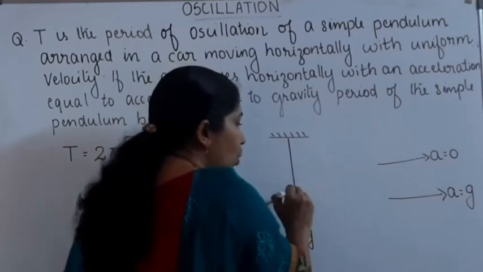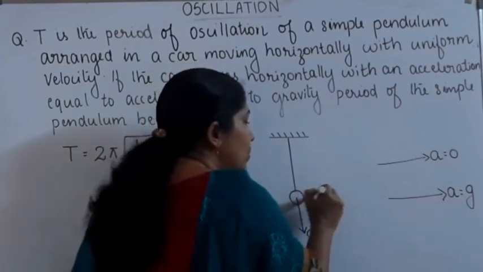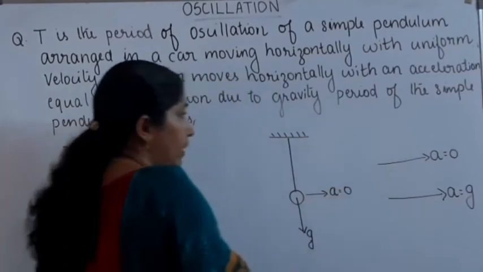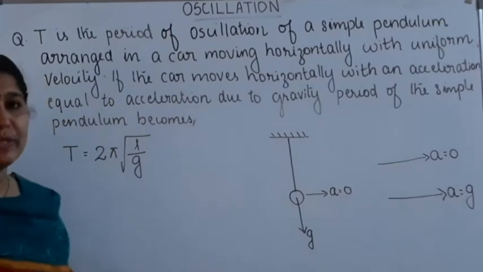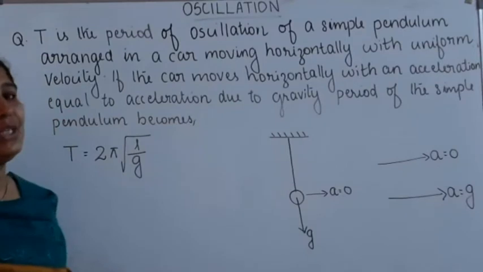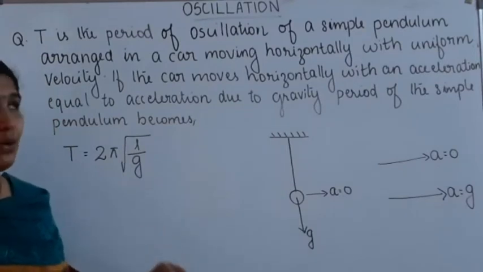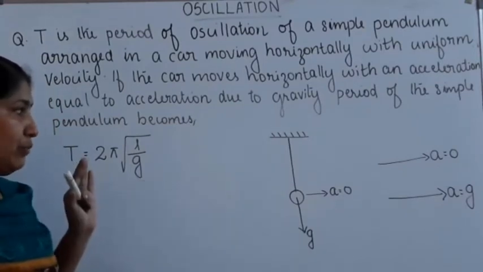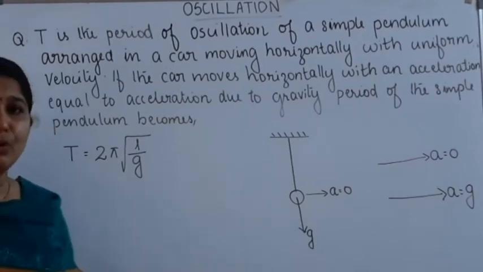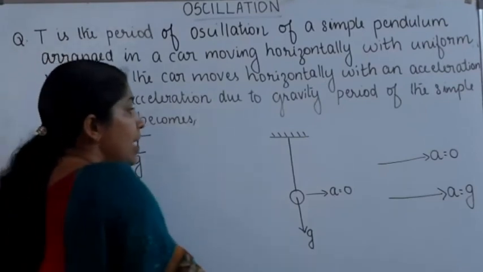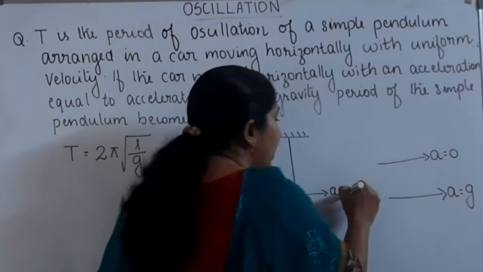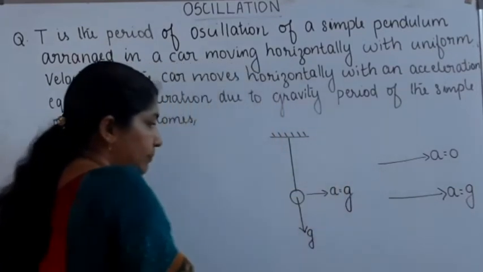Therefore, the horizontal acceleration of the pendulum is also equal to 0. But when the car moves with an acceleration equal to g, the horizontal acceleration of the pendulum, a, is equal to g.